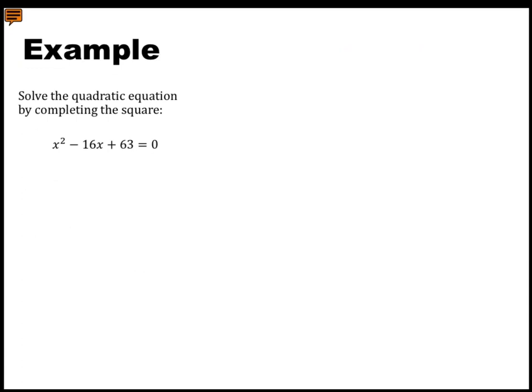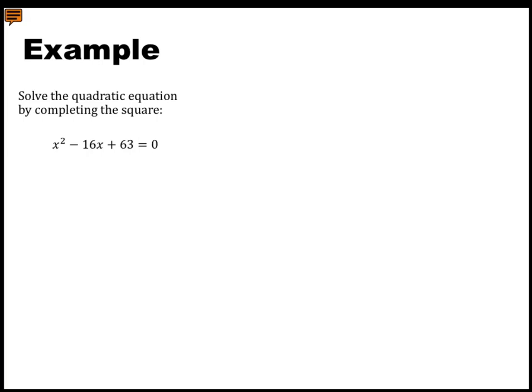So we use this idea to solve quadratic equations. Notice this trinomial here is not a square. We know this because if it were, this number here would be the square of half of this number here. And that's not the case.